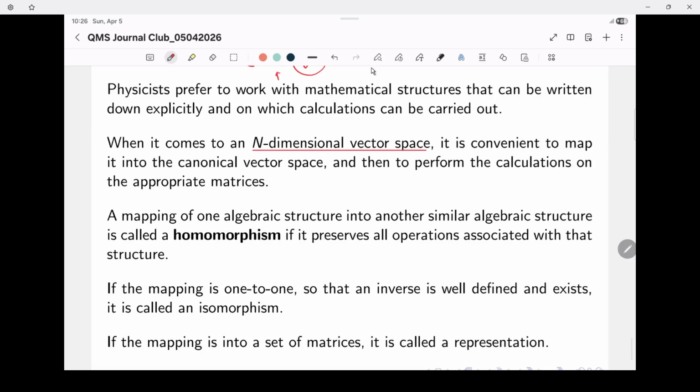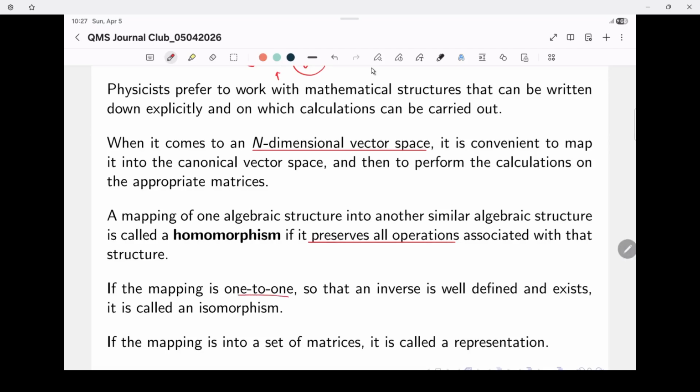So this is pretty much similar to when you first study the idea of functions. So you study one-to-one and onto, right? So homomorphisms basically just tells you that it preserves all the operations, but it's not a one-to-one mapping.